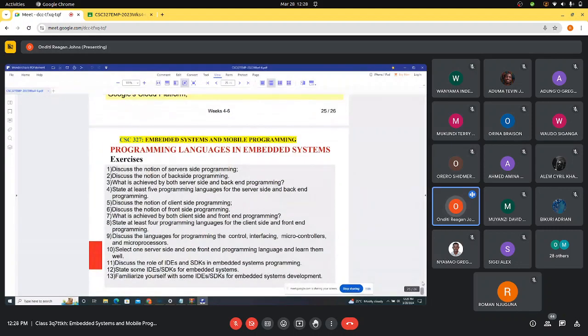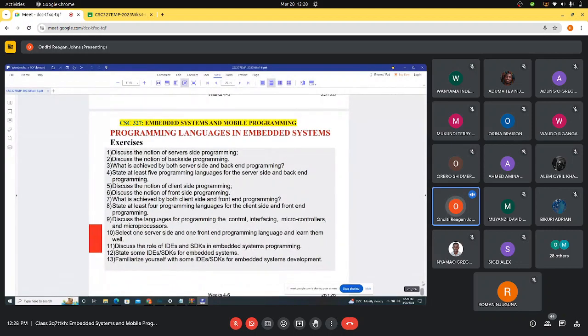I have another exercise there, a pretty long exercise that I would also want you to put your hands on. We want to discuss the notion of server-side programming, the notion of backend programming. What are the languages? What is it all about? What is achieved by both server-side and backend programming? State at least 5 programming languages for server-side and backend programming.